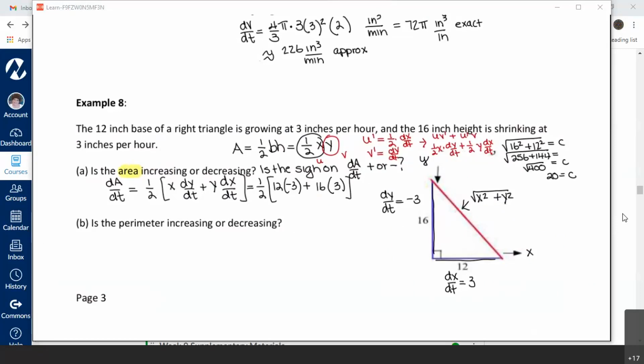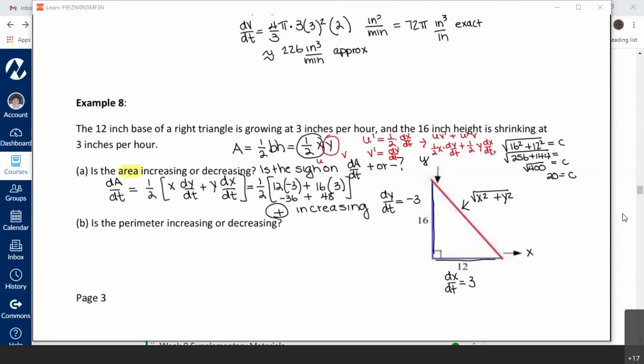If you work this out, 12 times -3 is what? -36. And 16 times 3 is 48. Again, it doesn't matter what the exact number is. It's a positive value, so the area is increasing.